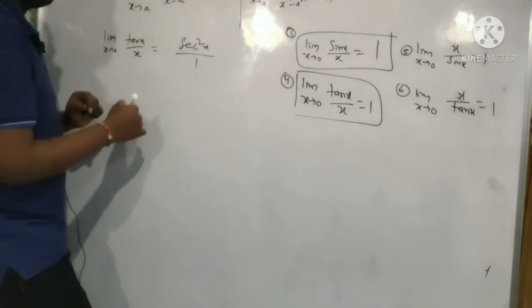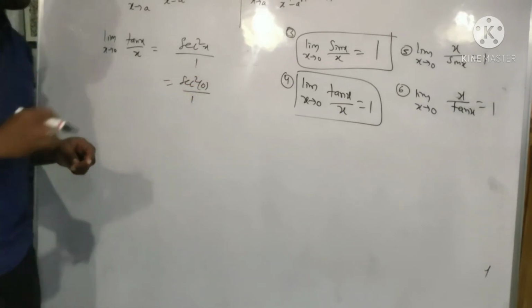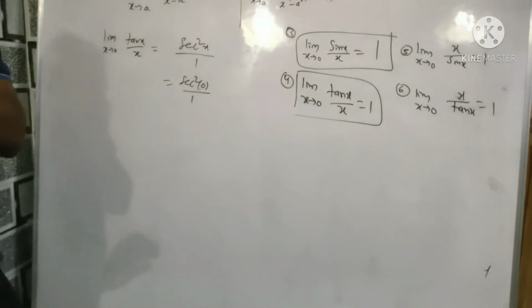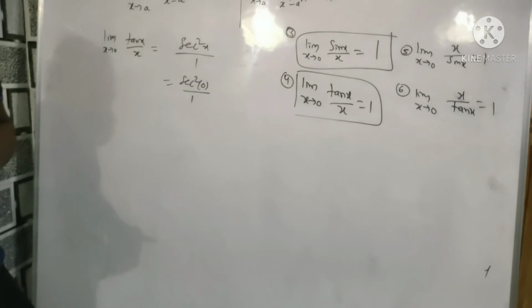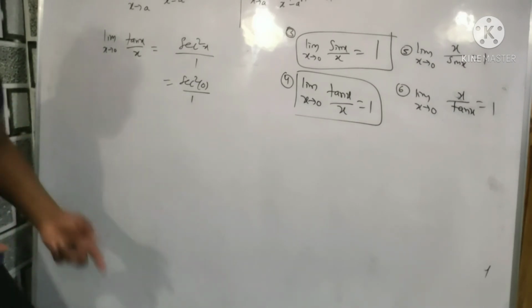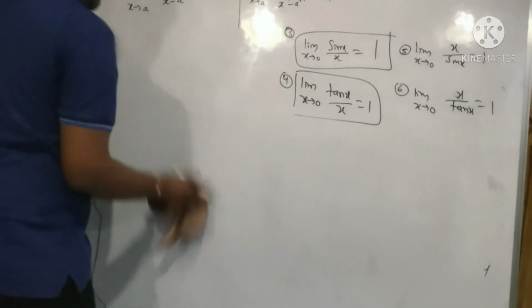Now if you substitute the limit 0, sec square 0, I get 1. Sec 0 is how much? 1. 1 square is 1. So the answer is 1. Sec is the reciprocal of whom? Cos. Cos 0 is how much? 1. So sec 0 is also 1. So this is what you get.